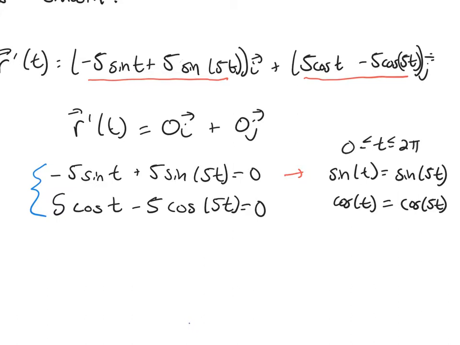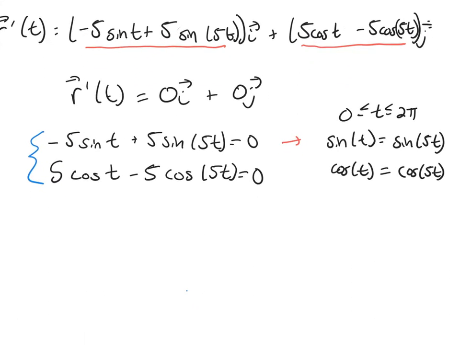So if you look for solutions to this, you get the only solutions are t equals 0, pi over 2, 3 pi over 2, and 2 pi. I'm forgetting one. Actually, there's also pi. So it's pi, 3 pi over 2, and 2 pi.